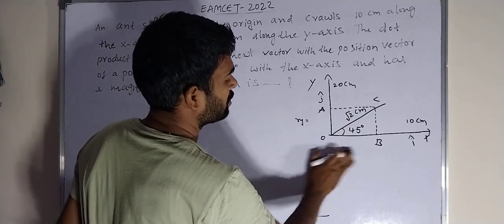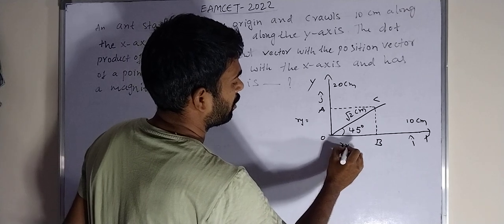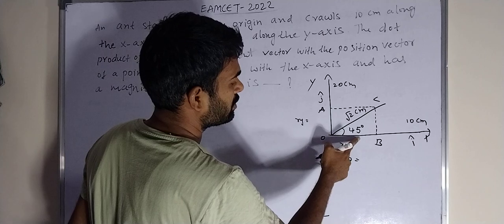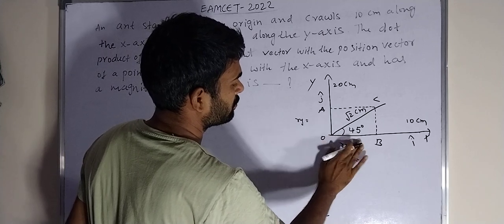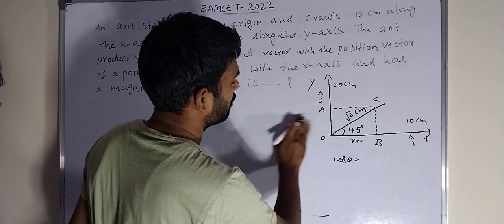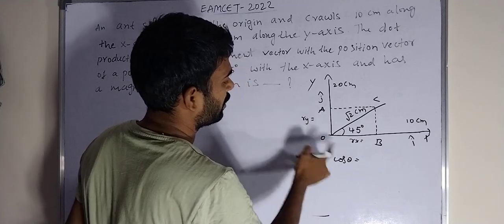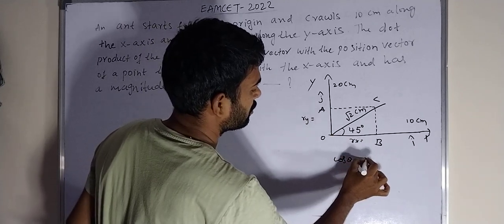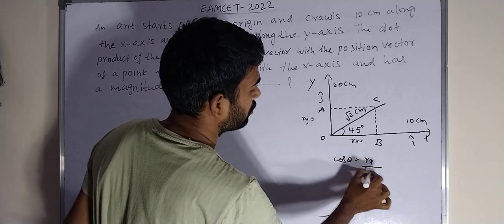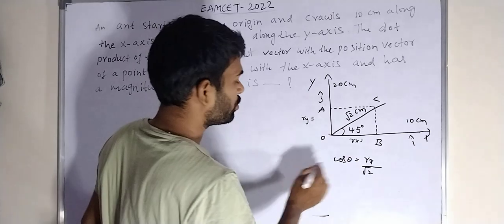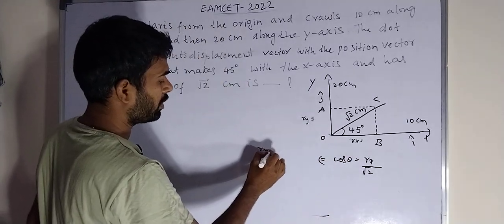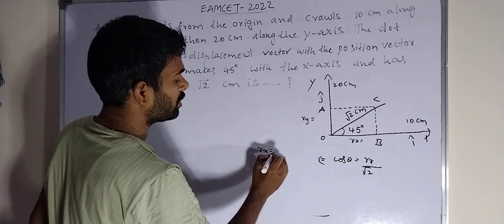I will take cos theta first. Cos theta is adjacent side Rx by hypotenuse root 2. So which implies Rx is equal to root 2 into cos theta.